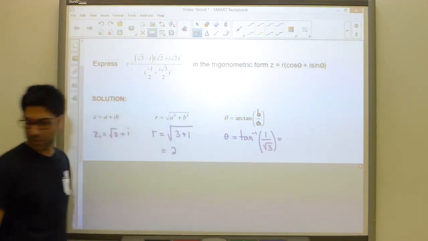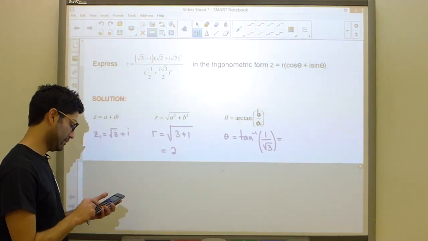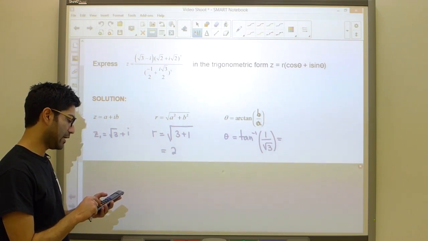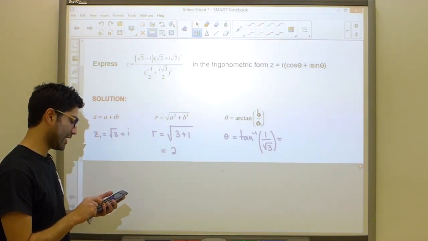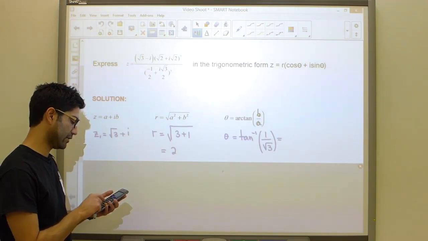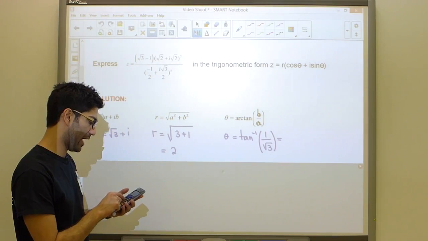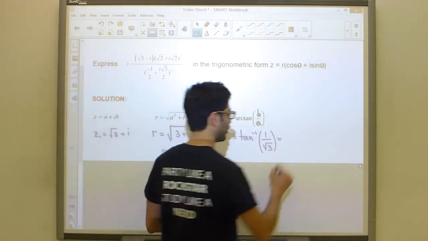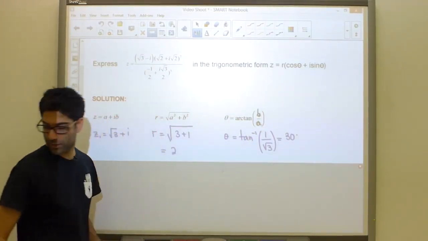Now, you're going to do this in your calculator, and you'll discover the answer. And understand that when you do this in your calculators, it only gives you the correct answer, guys, like 50% of the time. So you have to be mindful of that. Understand that you're going to have to fix your answer the majority of the time. So we got 30 degrees.